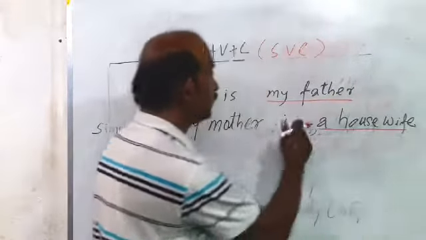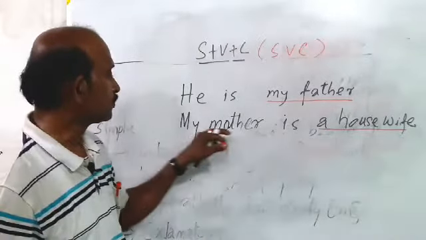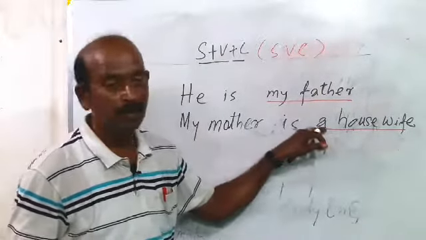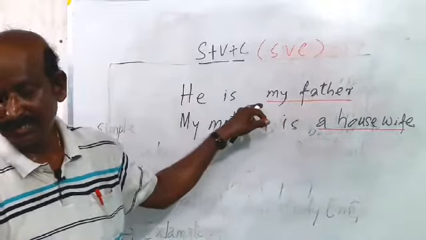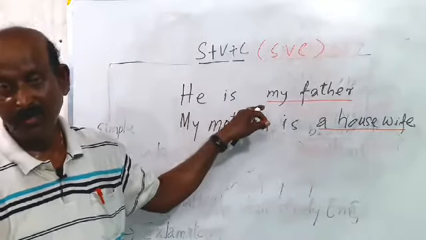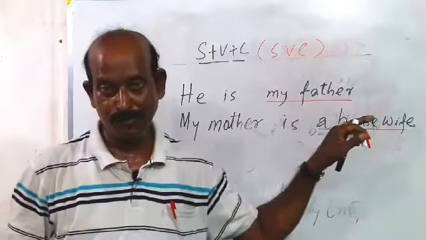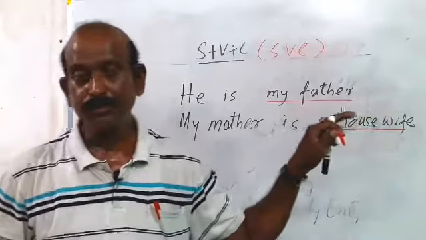So this pattern, subject plus verb plus complement, is known as SVC. In your textbook there are many examples, and if you go through the textbook you can find more examples.